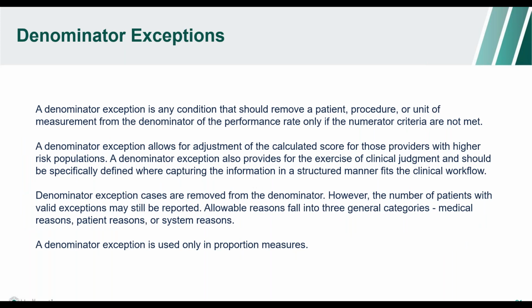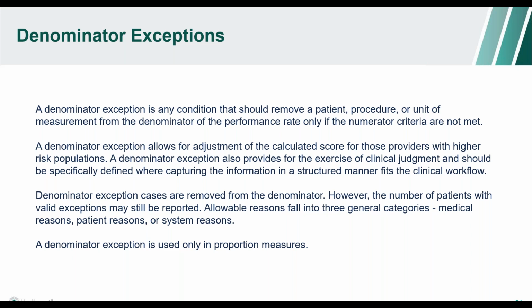So when I say numerator quality actions, there is a term called denominator exceptions. What that means is that once you're in the denominator, you have a population that technically could be exempt from the numerator quality action if that quality action is not provided.